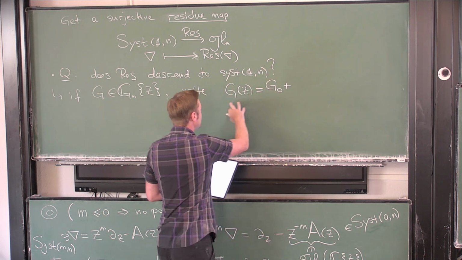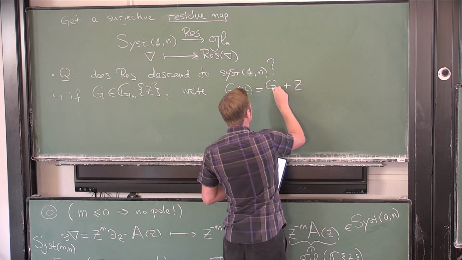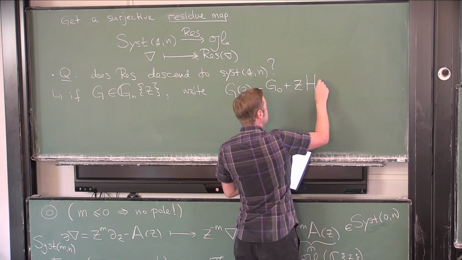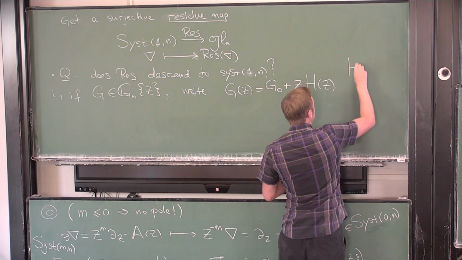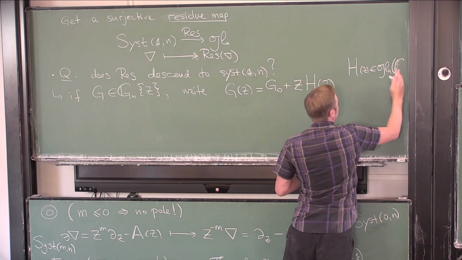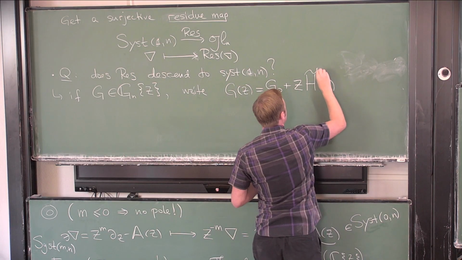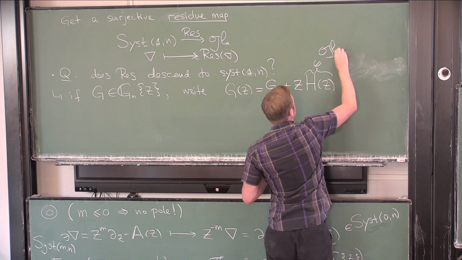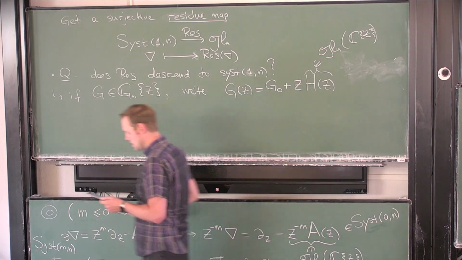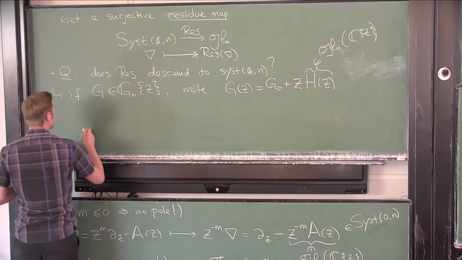Again, this gauge transformation is a power series in Z, so I can extract the leading order part, and then the rest I'll write in this form, Z times some little GLN matrix with coefficients in convergent power series. And so it's this form that I'll use in order to compute conjugation.